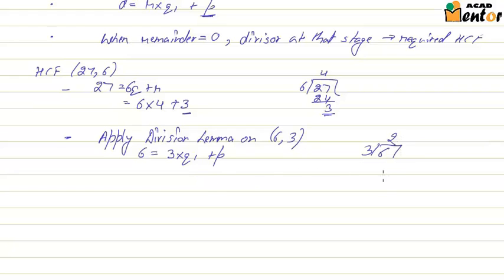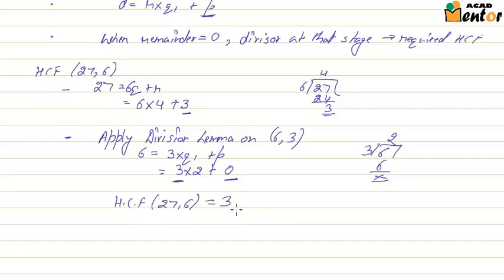The quotient is 2 and the remainder is 0. So 6 will be expressed as 3 multiplied by 2 plus 0. Now we see that the remainder is 0 at this stage, hence the divisor, which is 3, would be the required HCF of 27 and 6. So HCF of 27 and 6 would be 3.